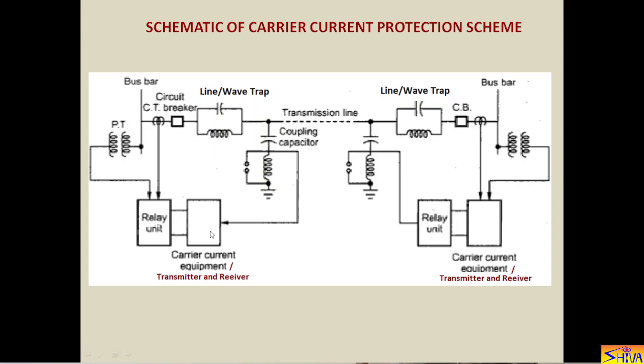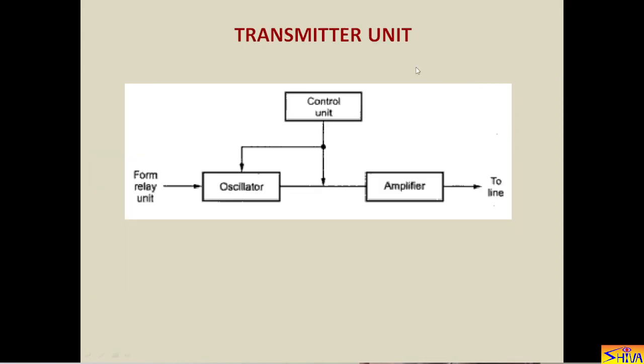Now let us come to this carrier current equipment, that is the electronic component, which basically consists of transmitter and receiver. First I will discuss the transmitter unit. This transmitter unit has three components: oscillator, control unit, and amplifier. This oscillator receives signal from the relay unit, that is during positive half cycle.